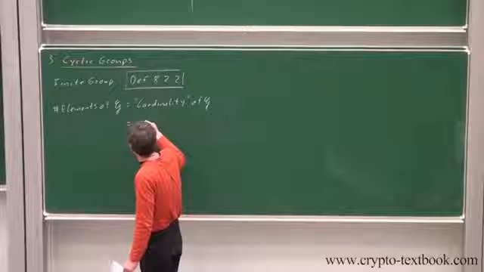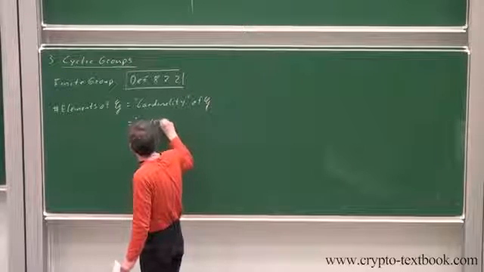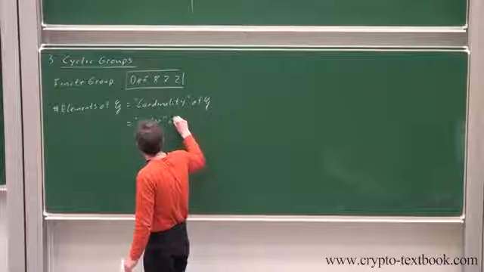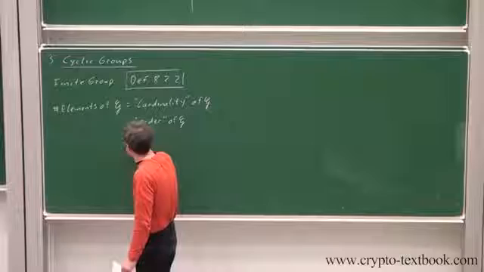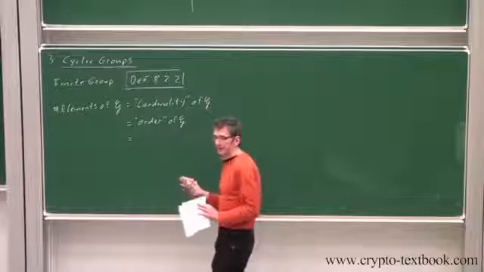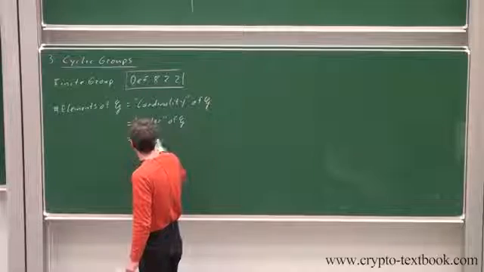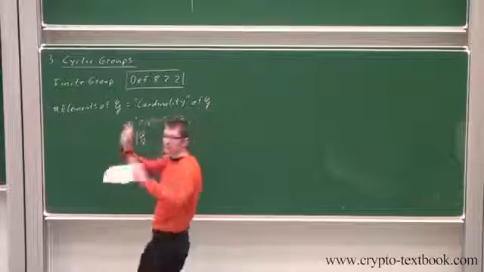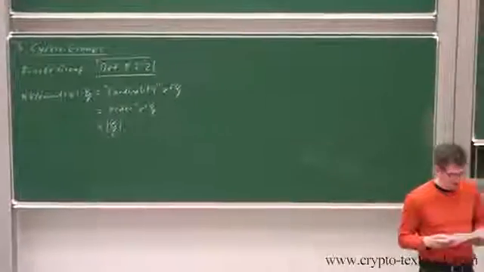It is also called the order of G, and the nice mathematical shorthand notation for that is the group G with bars on the left and right.